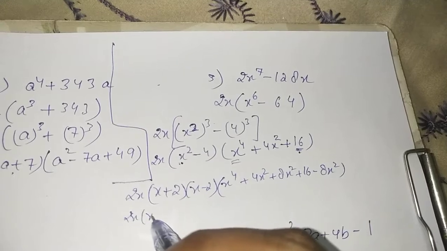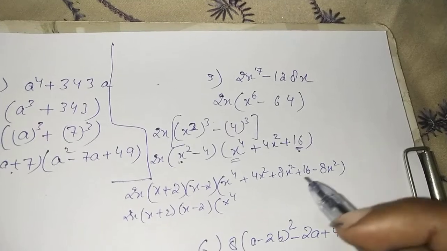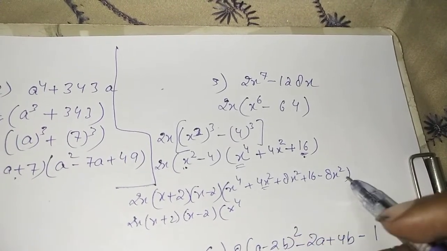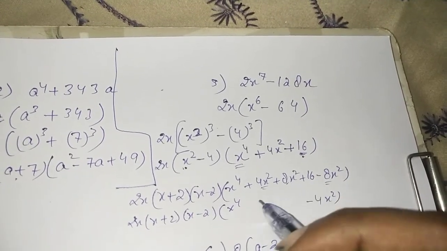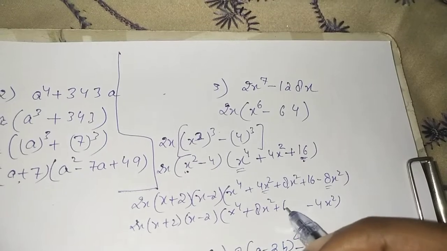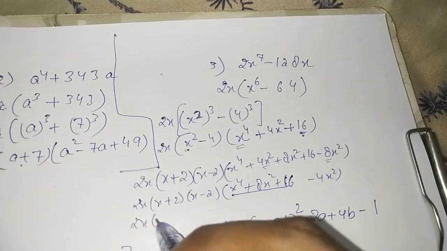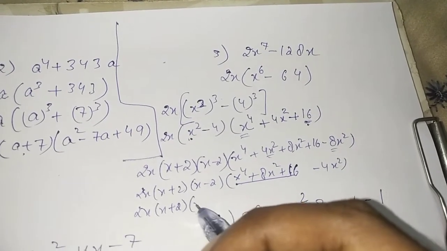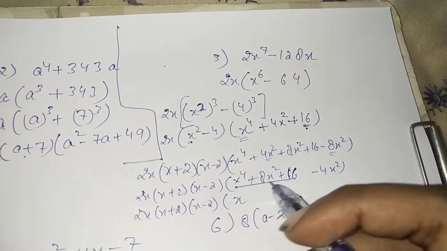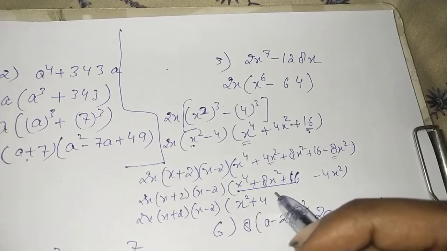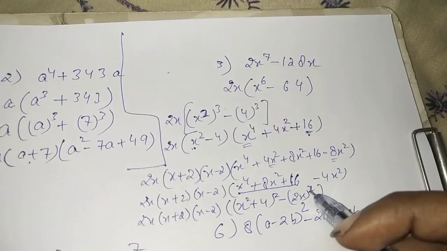So we are having 2x into x plus 2 into x minus 2, x to the power of 4 plus 4x square minus 8x square will be minus 4x square, and 8x square plus 16. So this thing is going to form us a whole square. So that means it will be 2x into x plus 2 into x minus 2, and this complete thing is, yes, this is the expansion for (x square plus 4) whole square minus (2x) whole square.